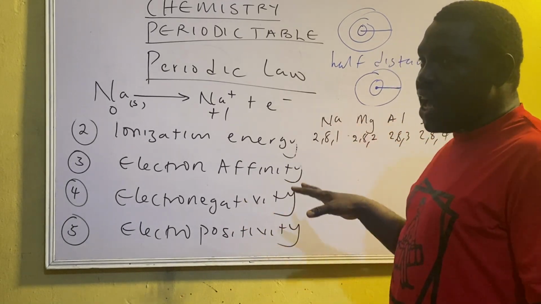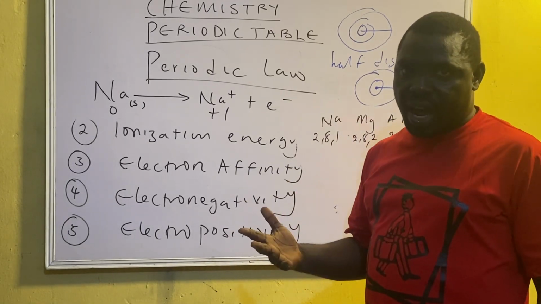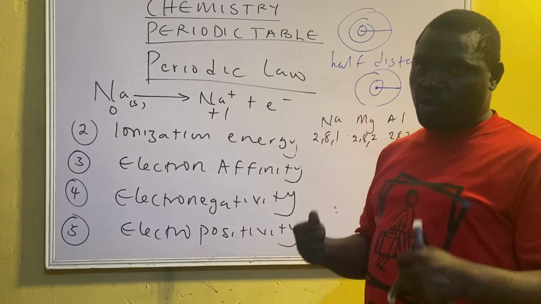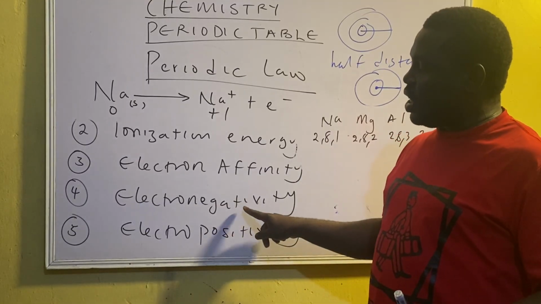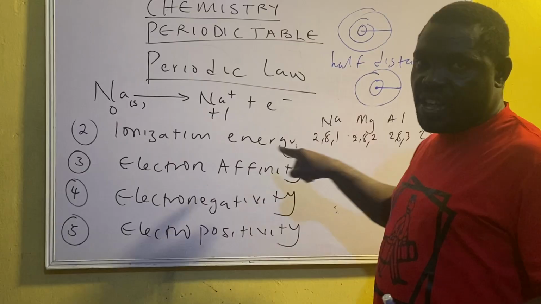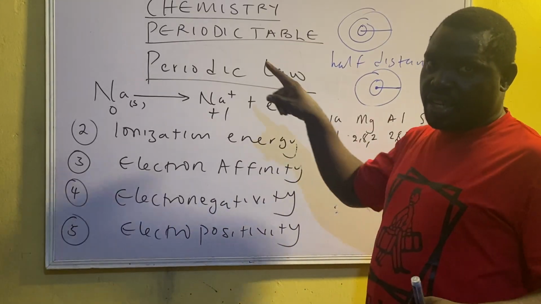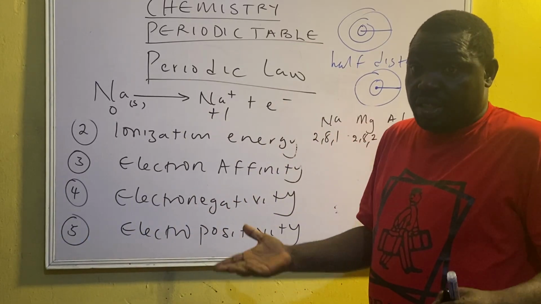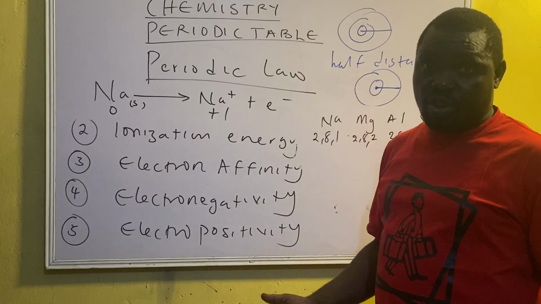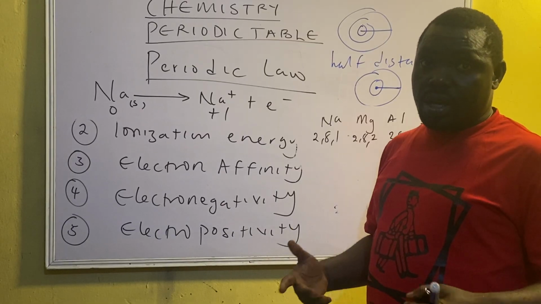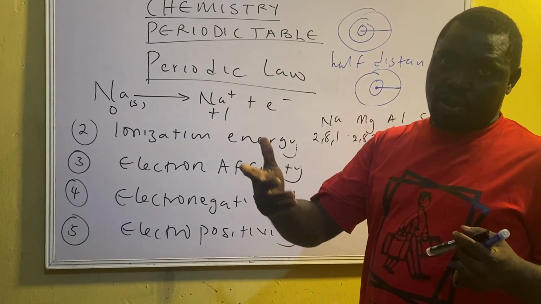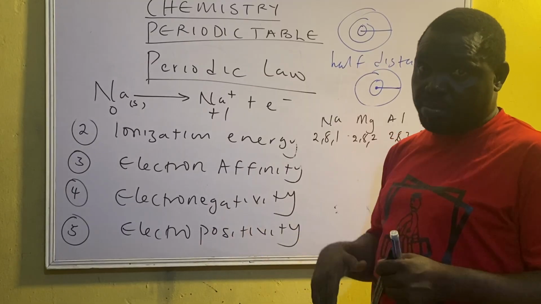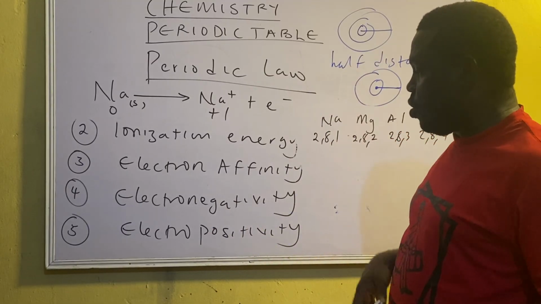That's why the halogens, I think, have almost the highest. They attract electrons to themselves. And so electronegativity too increases across the period, but decreases down the group. Because generally, metals will not attract. They will rather release or lose. It is the non-metals that attract electrons to themselves.